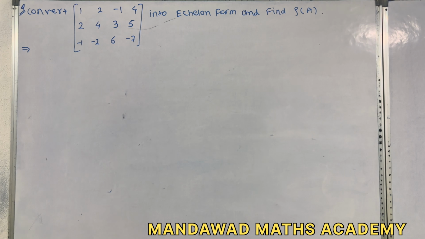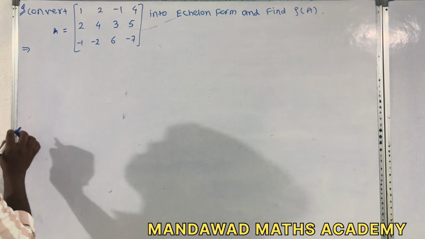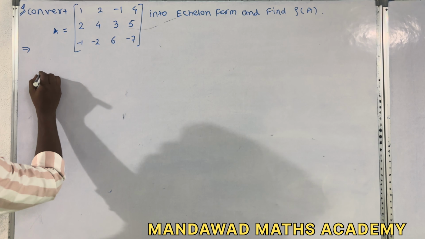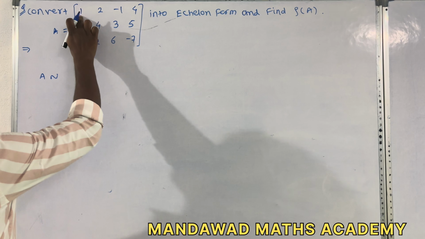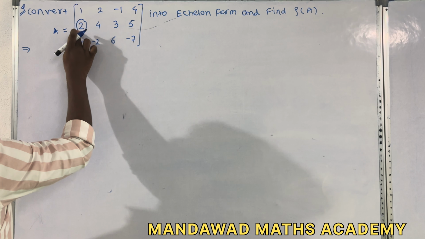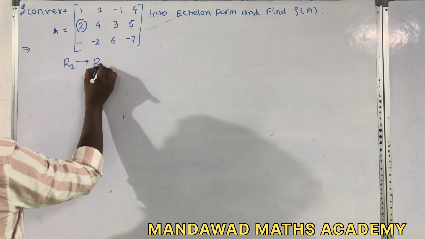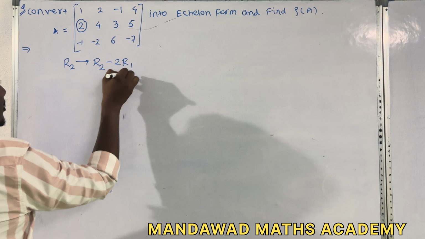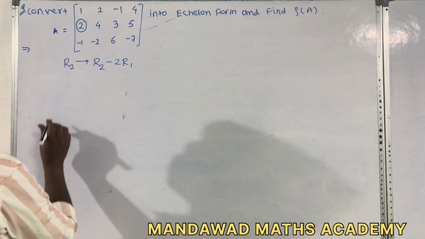Next example: convert this matrix into the echelon form and find the rank of this matrix A. So let us start. A is equivalent to, you can give this symbol. We already have 1 here, so we can convert this into 0. What is the place of this? R2. R2 changes to R2 minus 2R1, means 2 times this one. 2 ones are 2, 2 minus 2 is 0.